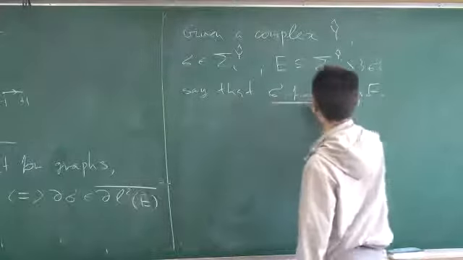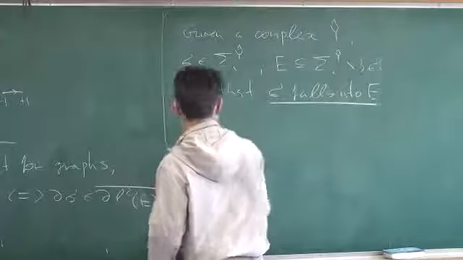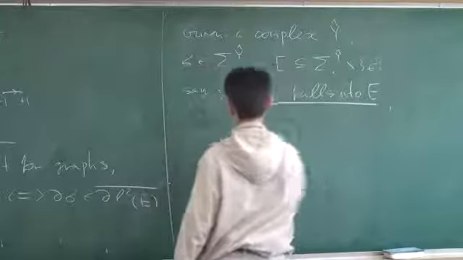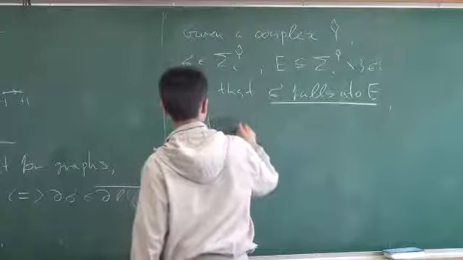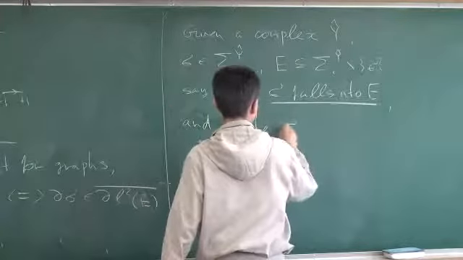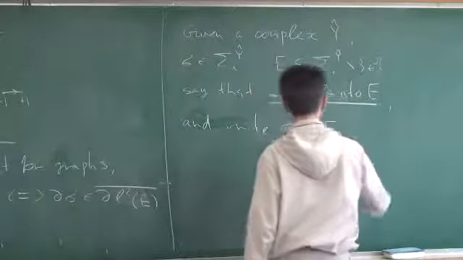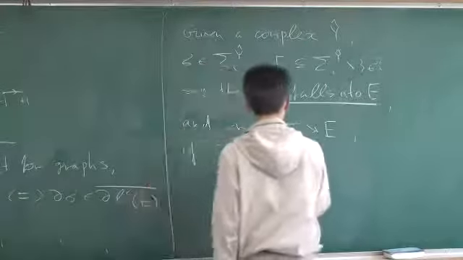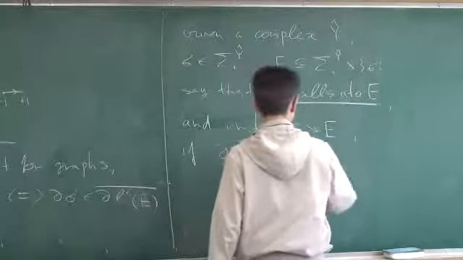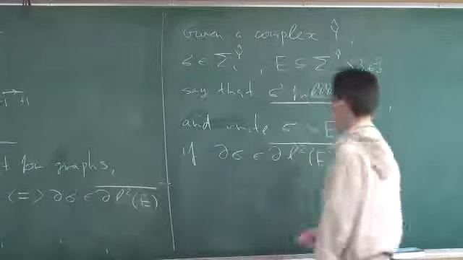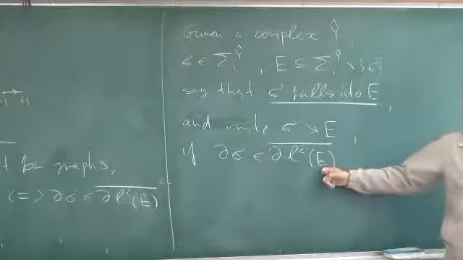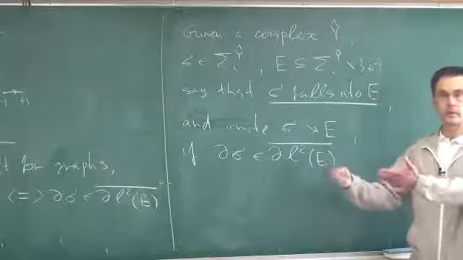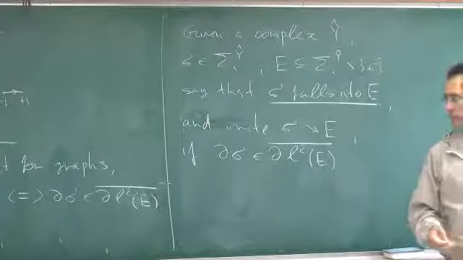Say that sigma falls into E if, right, this is the notation, if the boundary of sigma is in the boundary of L2 of E. Exactly the same statement, but now, of course, E is a set of I-dimensional cells, and this boundary is the boundary in dimension I. It's a higher dimensional analog of this.